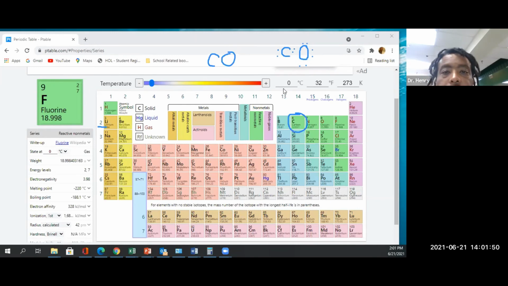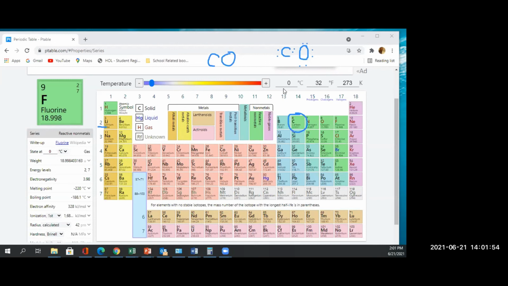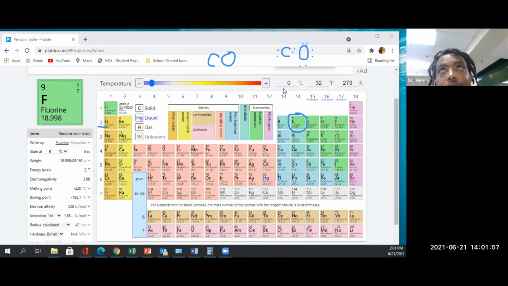Is that 8? No. Okay, so we know 2 plus 2 is not equal to 8, right? So we know that it's not going to be a single bond. So it's not just going to be sharing 2 electrons. So I need to add more. So if I take these 2 and I add those to the middle, organize this a little bit better. Sorry, it's a hot mess there.